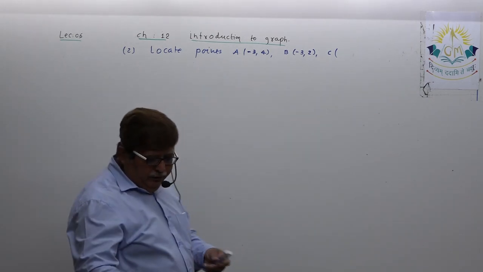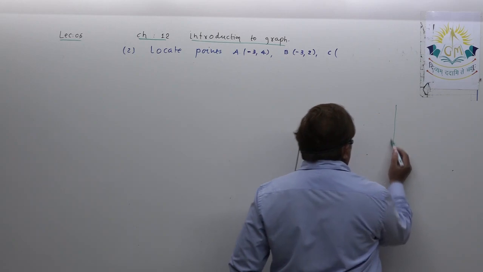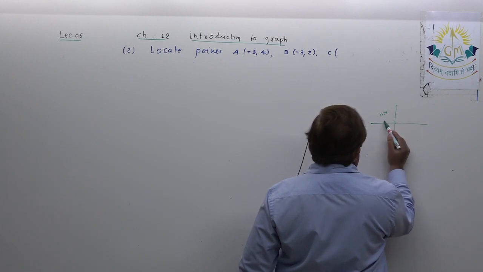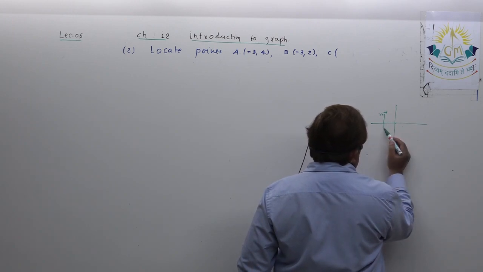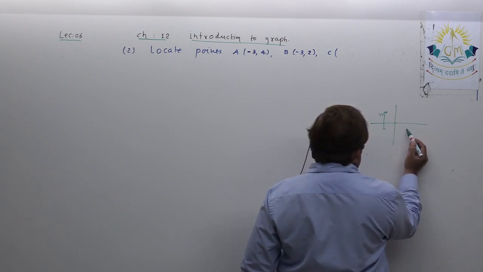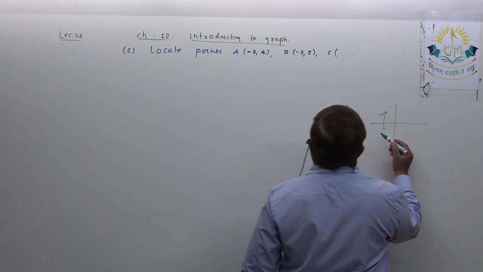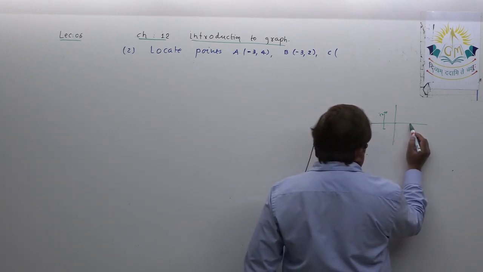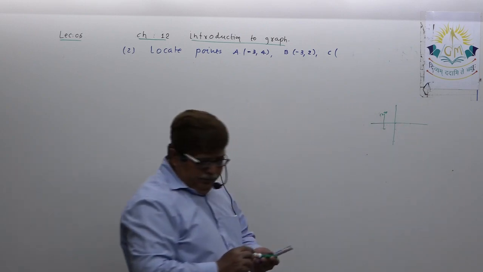A we have taken minus 3, 4. Okay, B we have taken minus 3, 2. Now C, let us take 4 minus 2. Okay, let me write here.